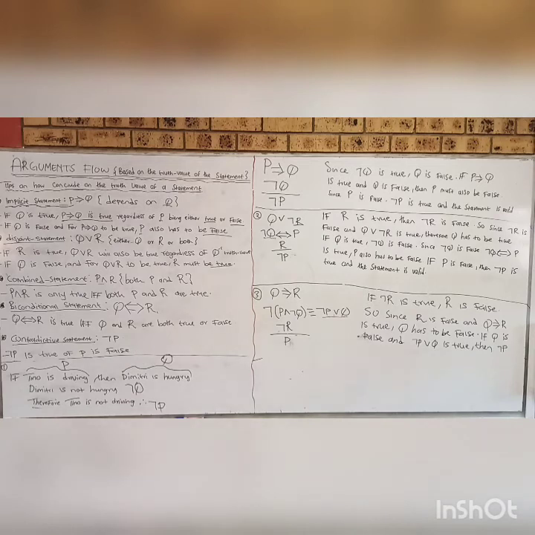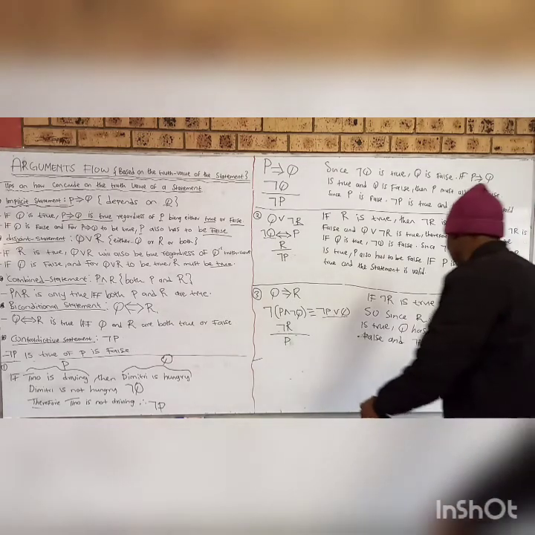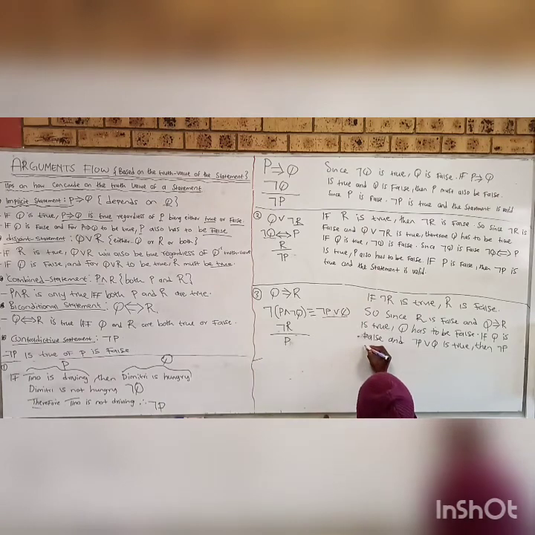Let's just redo this, but not everything. Oh, Q has to be false. If Q is false and not P union Q is true, then not P is true.